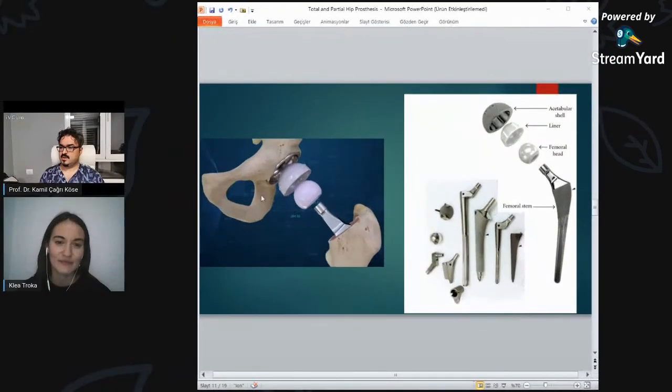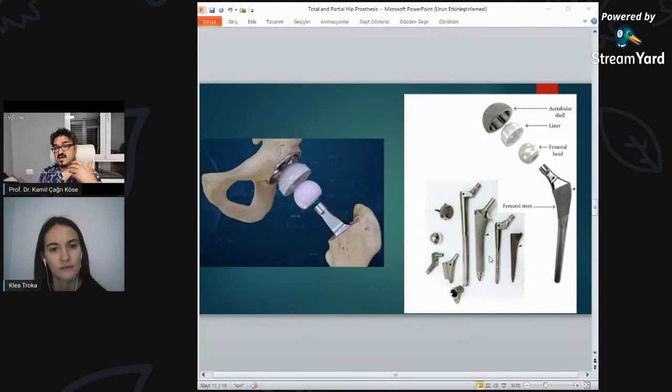So, talking about the picture on the right side, I just wanted to show we have different stem options too. I mean, depending on the patient's anatomy, femoral anatomy, the length, the angulation, the thickness of the stems can change.